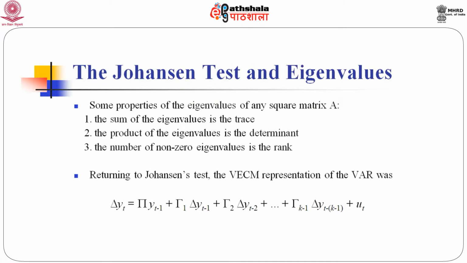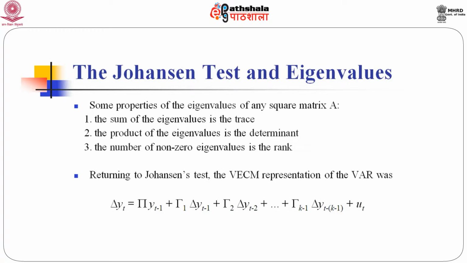In order to apply the Johansen test, we need to know some properties of the eigenvalues of any square matrix A. First of all, the sum of the eigenvalues is the trace, the product of the eigenvalues is the determinant, and the number of non-zero eigenvalues is the rank.